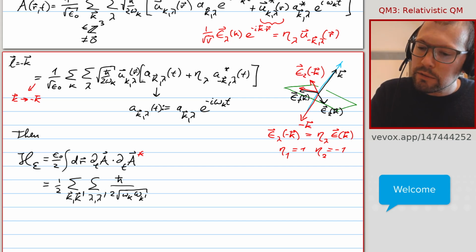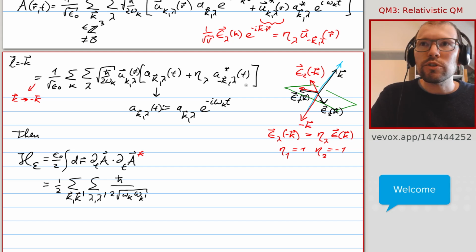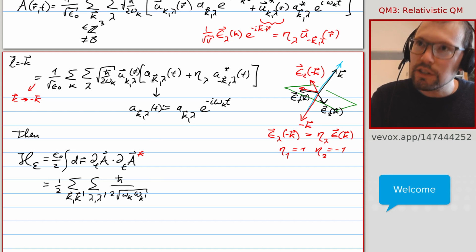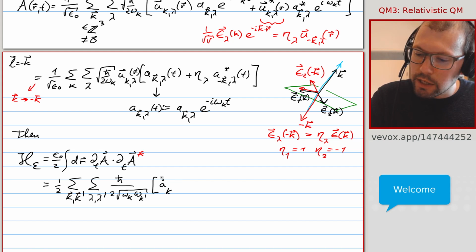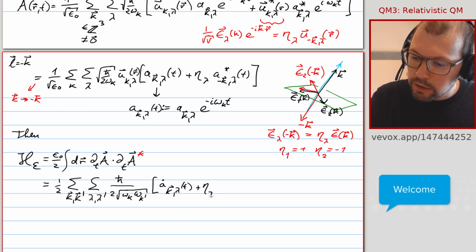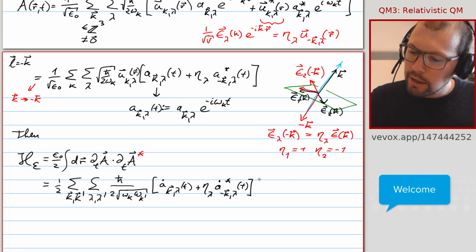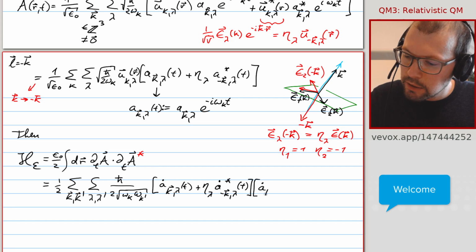Then let me write down these terms that are independent of the position, so I have to take a time derivative of them. For the first one, a dot, the time derivative of that part, and then a time derivative of the second part, the k prime lambda prime part.